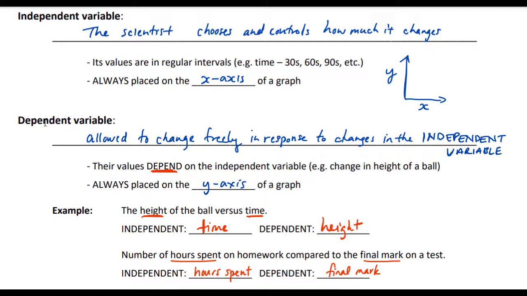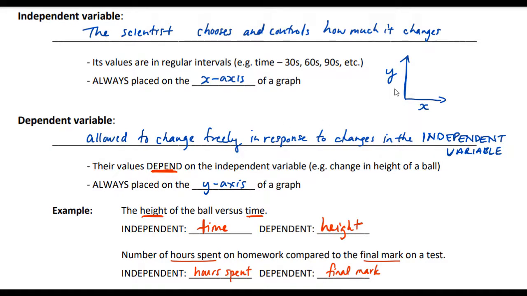It's called dependent because how much the second thing changes depends on how much you as the scientist changed the first thing. So this one's allowed to change freely in response to whatever you did with the independent variable. So your independent variable always gets graphed along the x-axis, along the horizontal axis, and your dependent variable always gets graphed along the side.